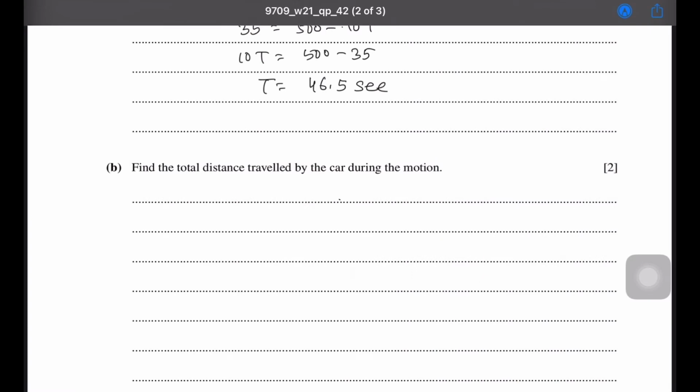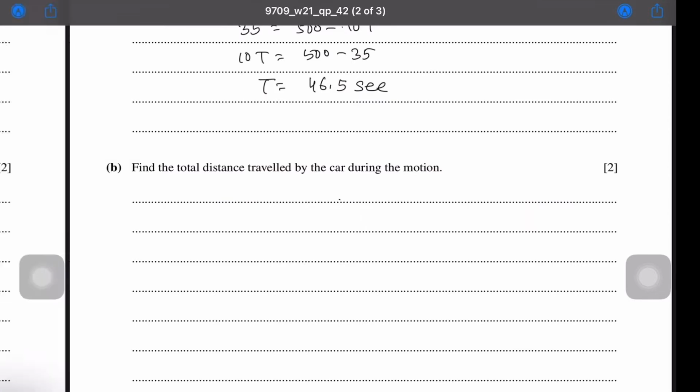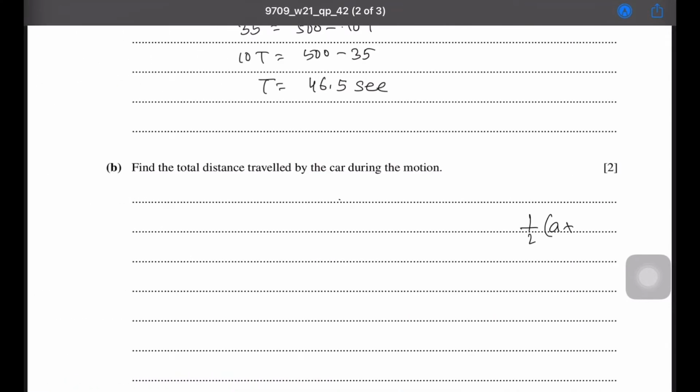Find the total distance traveled by the car during the motion. This is the next part of question number 1. To find the total distance, we know that in a velocity time graph, we need to find out the total area. So we know how to find the area of a trapezium: half times the sum of parallel sides times the distance between parallel sides.